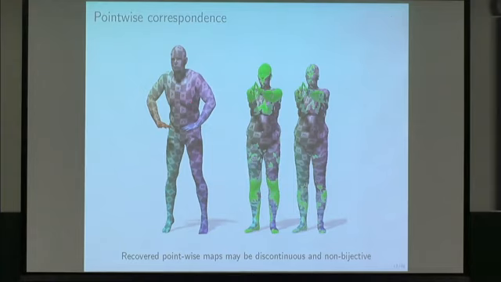What is shown here, these textures should be transferred perfectly from this shape to these shapes. It's a correspondence computed from this left-hand side shape to these two shapes, and the green regions here are points that have no preimage. So the map is not surjective. These points are not corresponding to anything on this manifold.